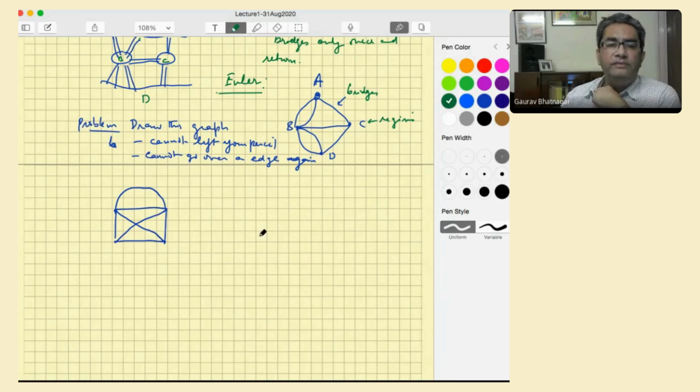Can you do this? So there's no edge here. There's no vertex here. This is just a straight line. Can you do it?